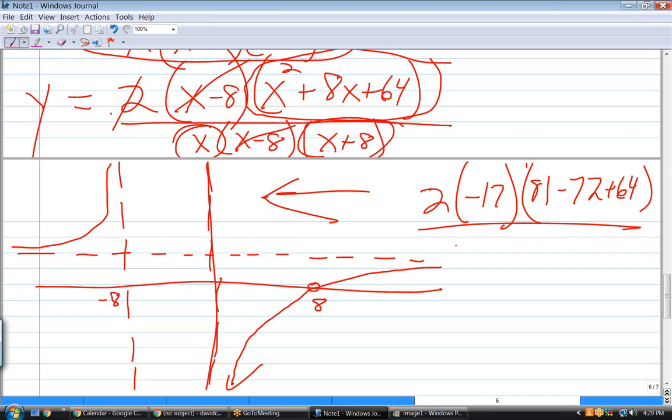And in the denominator, we put -9 for x and -1 for that part. Well, what do we have now?